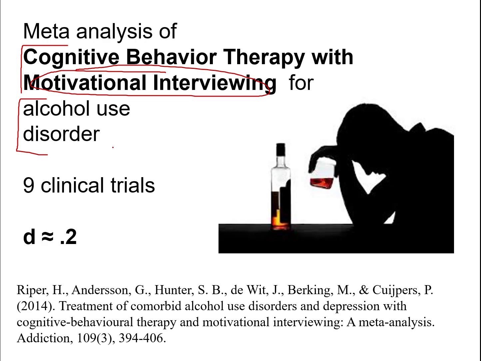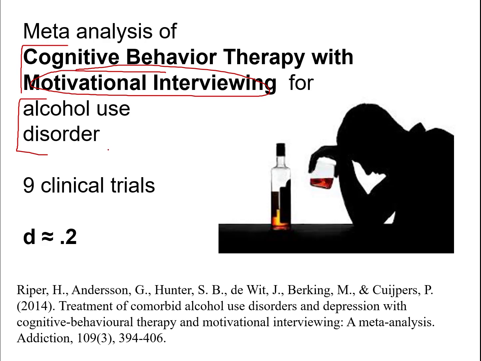So motivational interviewing is a method for trying to move people towards considering the possibility of taking steps towards making a change. With motivational interviewing, a therapist would take a non-judgmental, accepting attitude towards a client, and might ask questions, engaging in kind of an interview intended to motivate the client towards making a change.